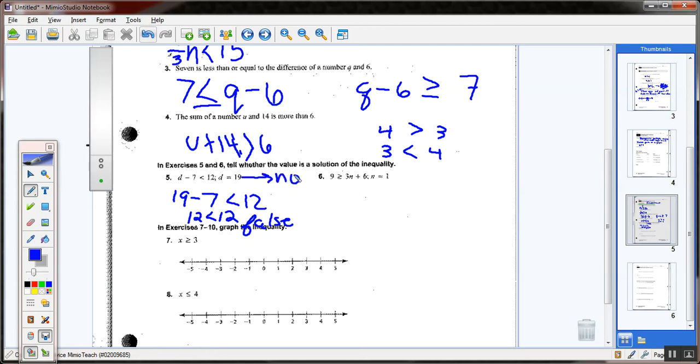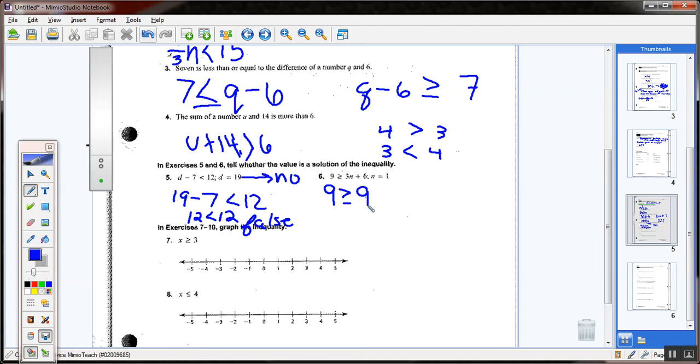All right? How about number 6? They want to know if n equals 1 is a solution. Give me a show of hands when you think you have an answer. Is 1 a solution there? What do you think, Bree? Yeah. Why are you saying yes? What do you get when you substitute 1 in for n on the right side? 9. When I substitute 1 in here, what is 3 times 1 again? 3 plus 6 more is my 9.